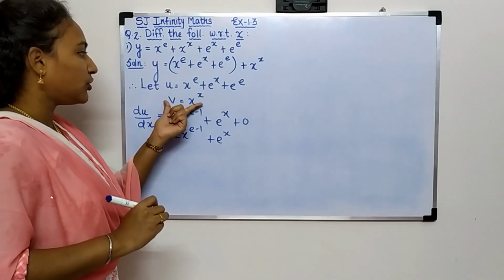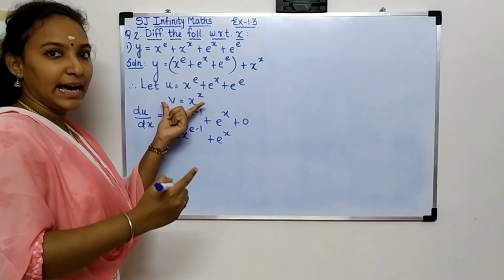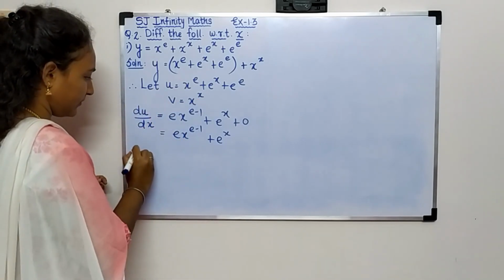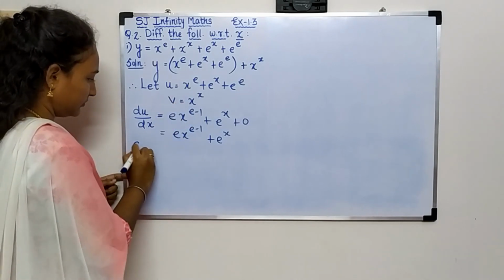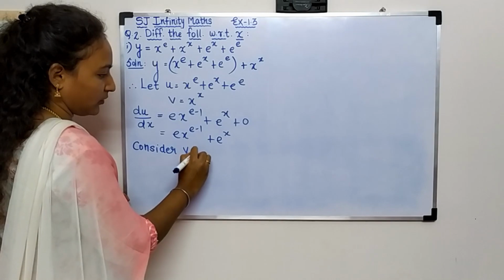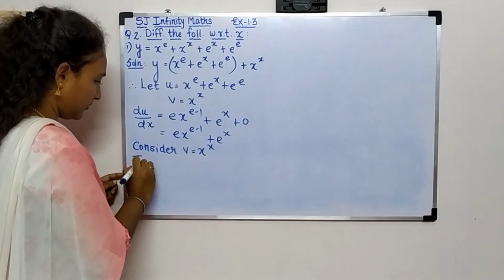Now we have to move on to dv by dx. We are not going to solve it directly. First we will take log on both sides. Now consider v. Let us take log on both sides.